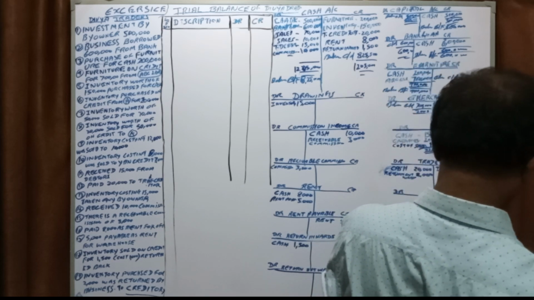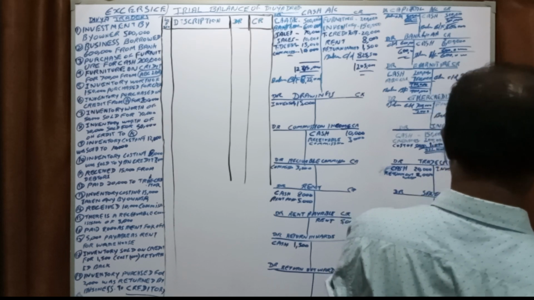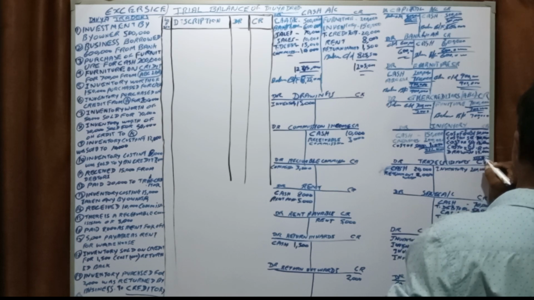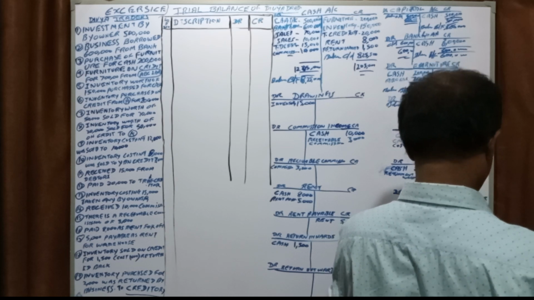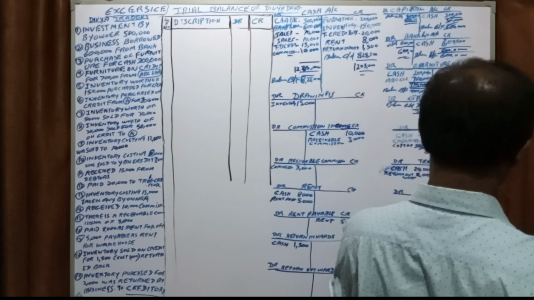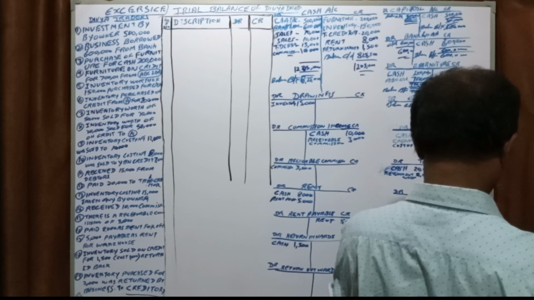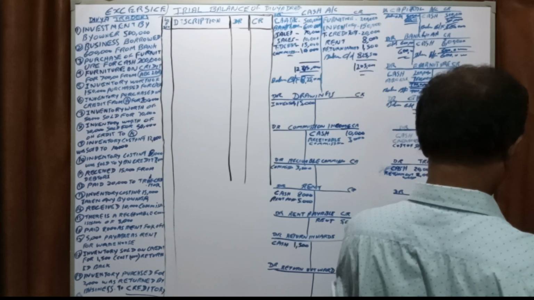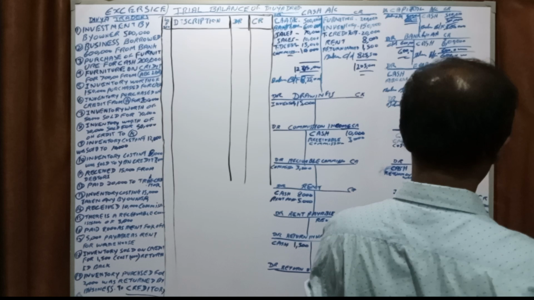From that, 351 minus 50 minus 30 minus 12 minus 8 plus 15, 236.